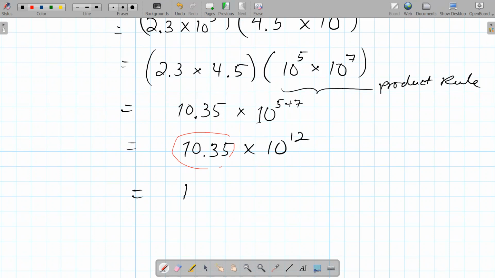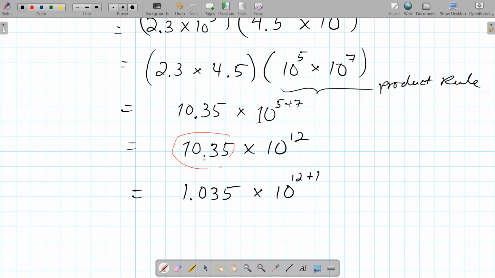Okay, so if I do that, I'm going to have 1.035. So I'll move this one time back. The decimal point now moves from between the 0 and the 3, and now it's between the 1 and the 0. So that makes it 1.035 times 10 raised to 12 plus 1.